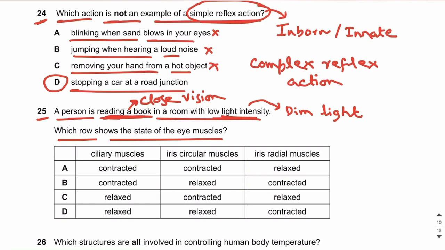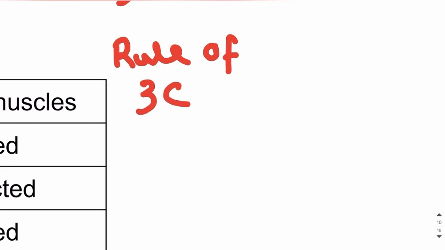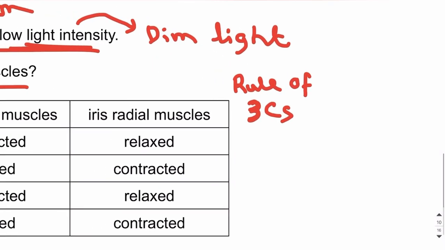So which row shows the state of the eye muscles? Guys, remember the rule of 3 C's and the rule of 4 C's. First of all, we will discuss the rule of 3 C's, and this is for the state of iris muscles in the bright light, right?